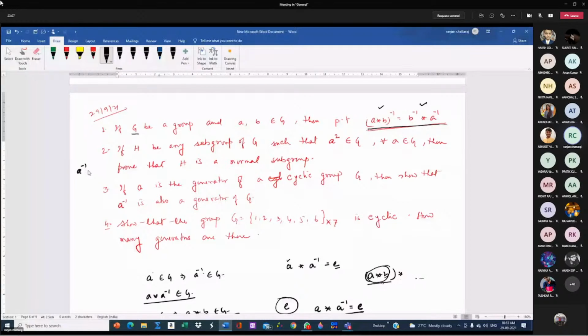If you're facing a problem in 2, then leave it. Go to 3 and 4. I will prove this true. Go to the question of the cyclic group.